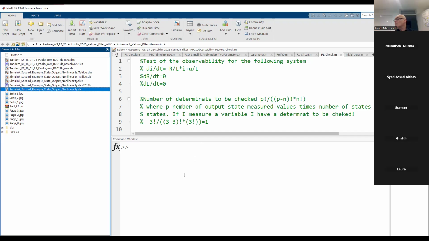Don't forget here we measure x1. I mean, in the equation here, let me show again what I intend.